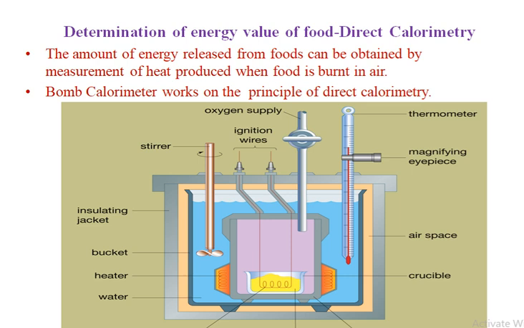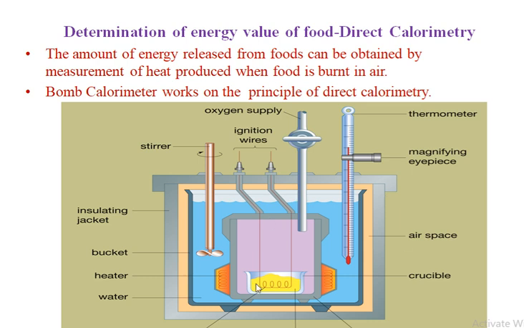In the same way, when the food is burnt inside this instrument, the Bomb calorimeter, the heat released by burning that food will be determined, and that will tell us the energy value of that food substance.